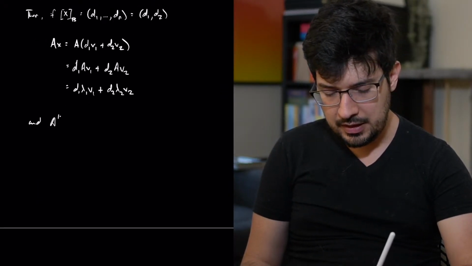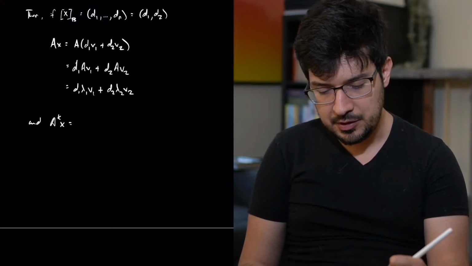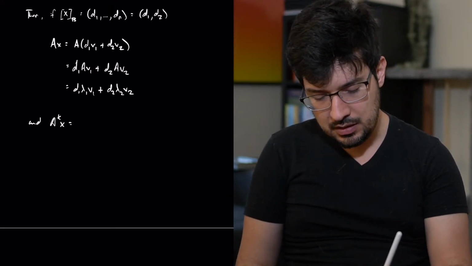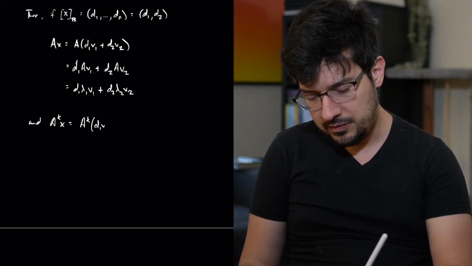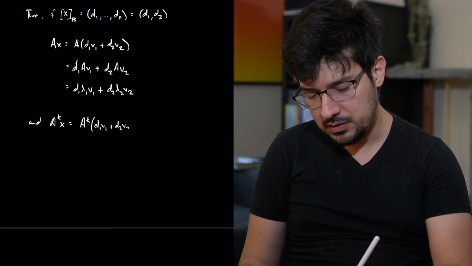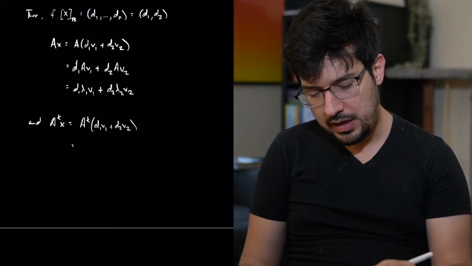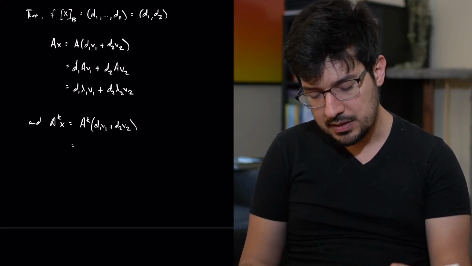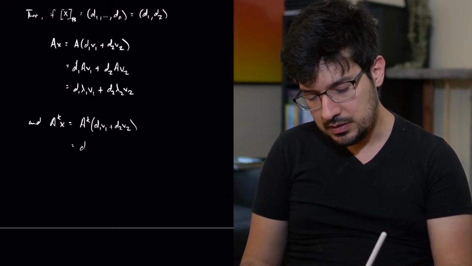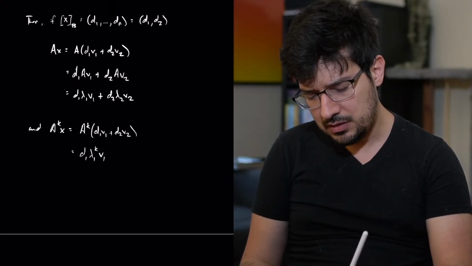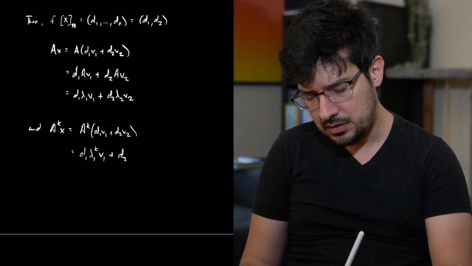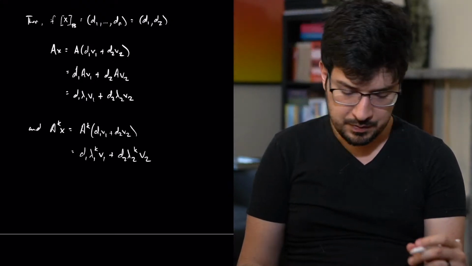And A to the k x is similarly A to the k times d1 v1 plus d2 v2, and we get the same process, that this is d1 lambda 1 to the k v1 plus d2 lambda 2 to the k v2.